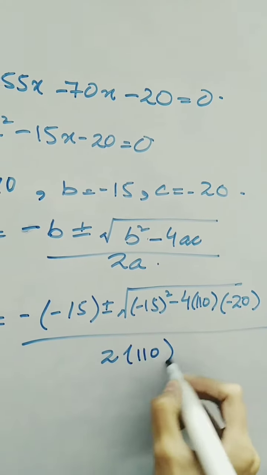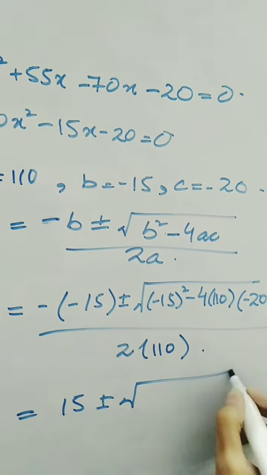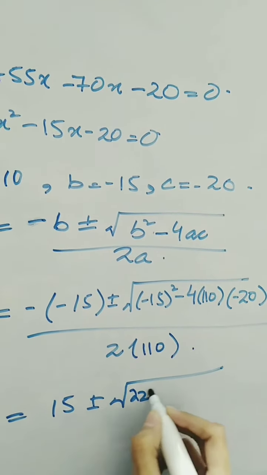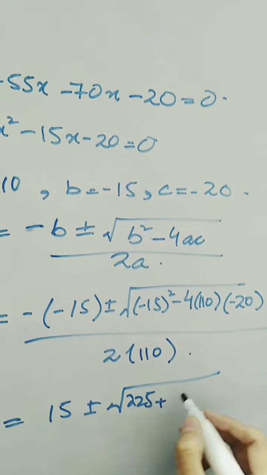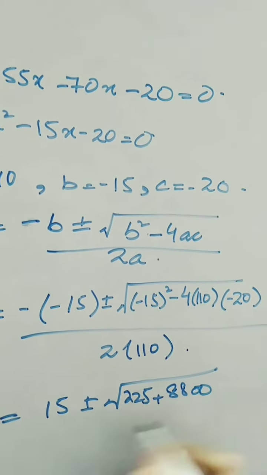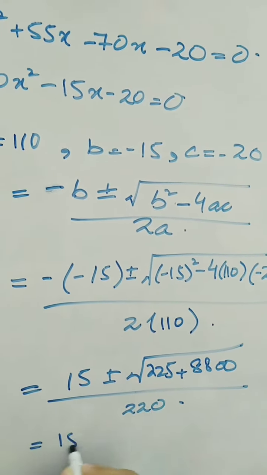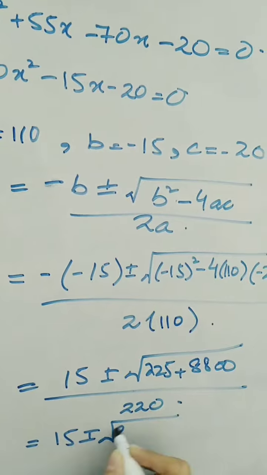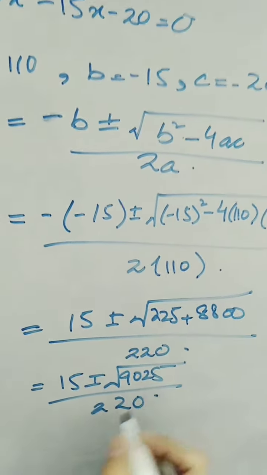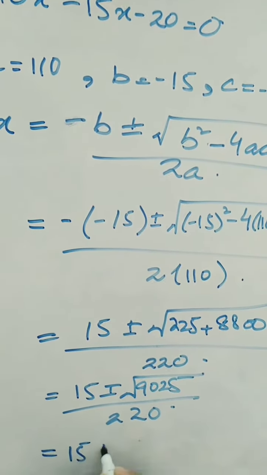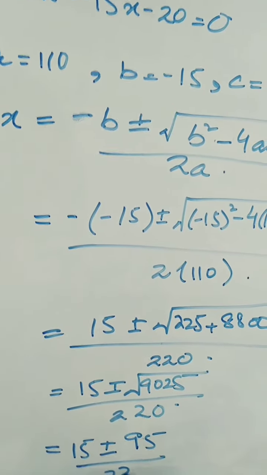2a is 110. We have 15 plus minus square root of 225 minus minus plus, and after multiplying these all we will have 8800, divided by 220, or we have 15 plus minus square root of 9025 divided by 220, or we have 15 plus minus 95 over 220.